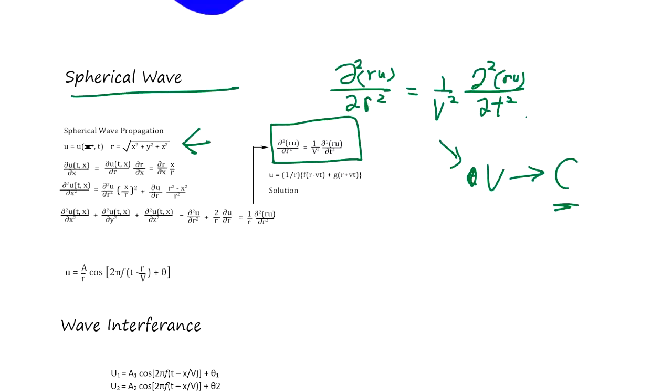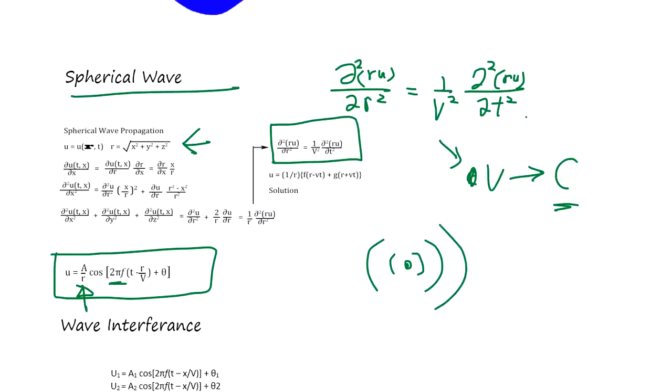So that's a wave equation, and one of the solutions is this. So 2 pi f, the frequency, and time minus r over v. Okay, and don't forget the factor r, because when the wave propagates in 3D, the wave amplitude attenuates, so by distance, a over r.